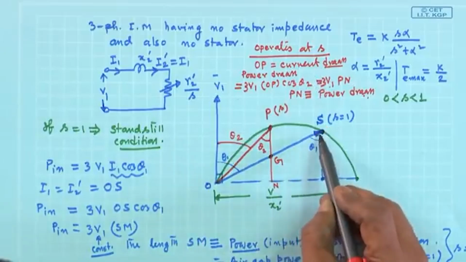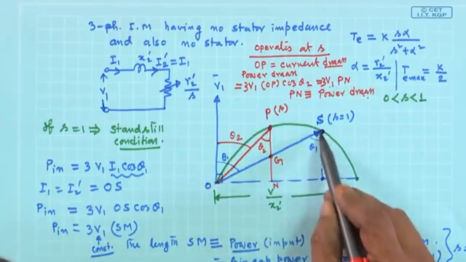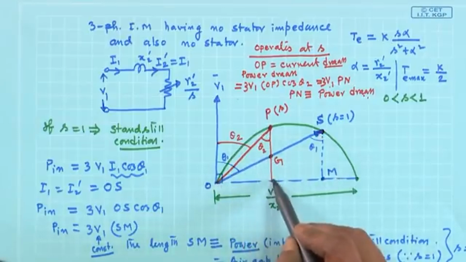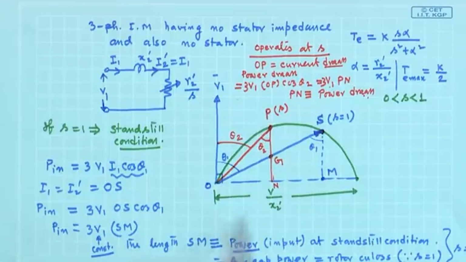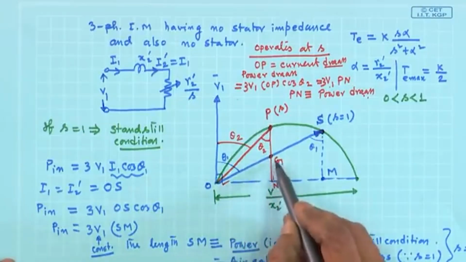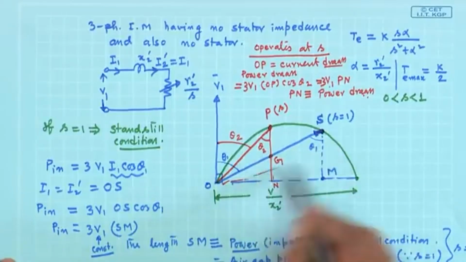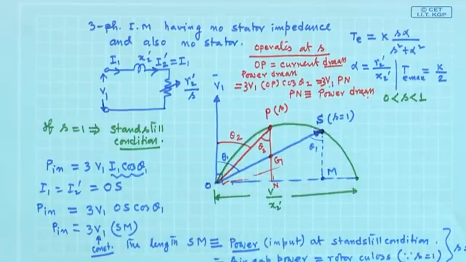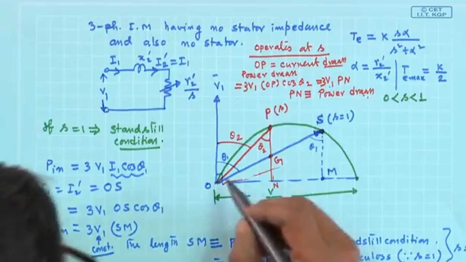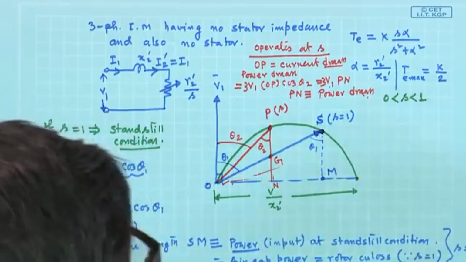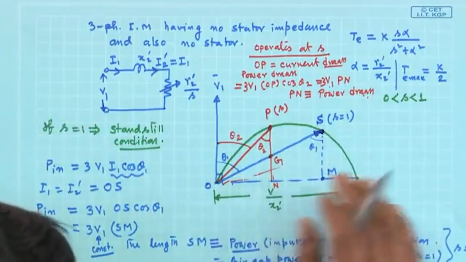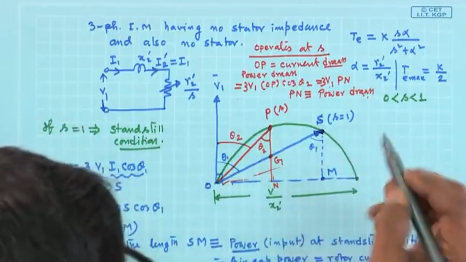Acha, consider this triangle and this triangle, the bigger triangle and this smaller triangle. These two triangles are similar. Is that clear? Acha, now copper loss, let this diagram be present, otherwise it will be difficult.